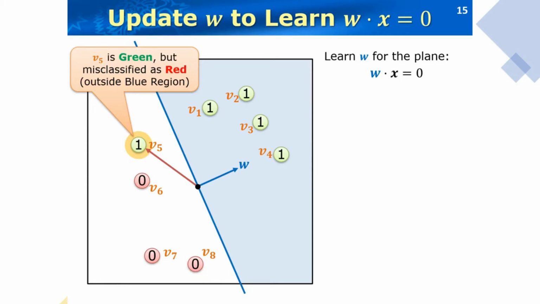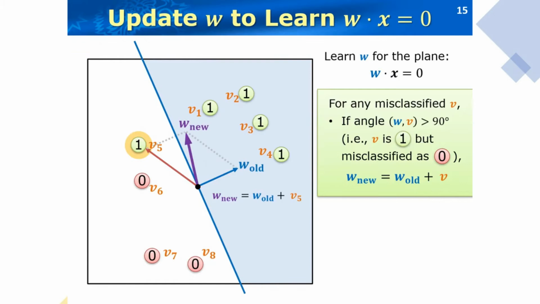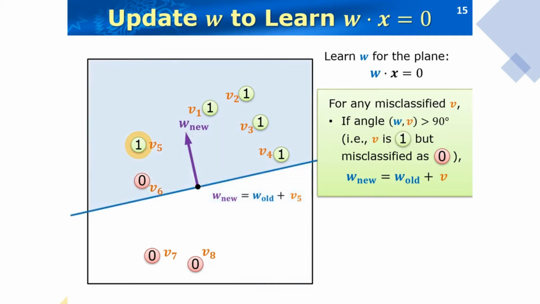In this case, when a positive data point is misclassified as negative, we use the following rule to update W, that is, W new is equal to W old plus V. In this example, to update W, we add the current W and V5 together, which produces a new vector W in purple color. We then rotate the plane to make the line perpendicular to the purple vector. After rotation, we see that all the green points are inside the blue region.